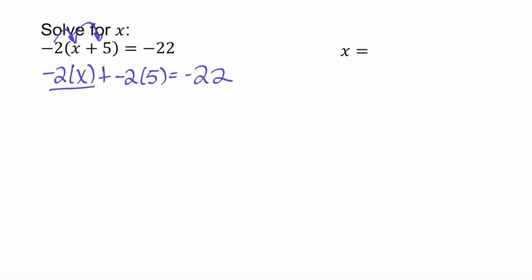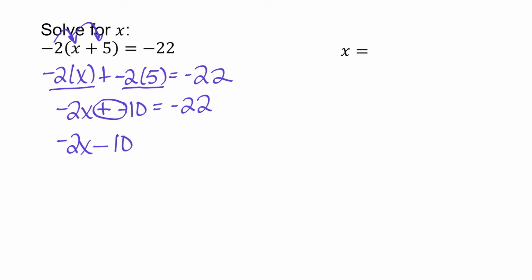Negative 2 times x will be negative 2x. Then we have plus negative 2 times 5 is negative 10. That equals negative 22. So now I have this double sign in my problem. I have plus negative. So I'm going to combine those into a subtraction sign. So I have negative 2x minus 10 equals negative 22.